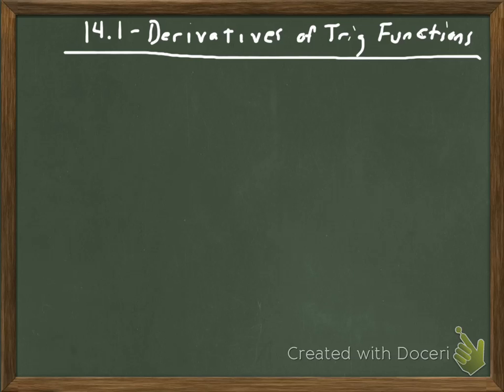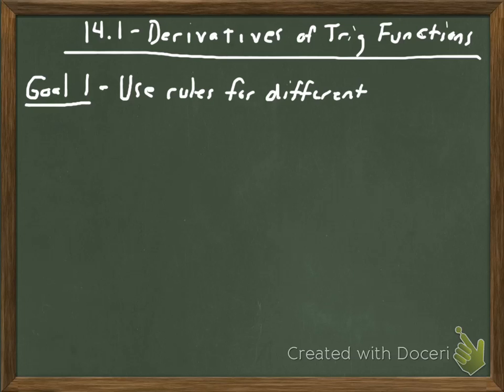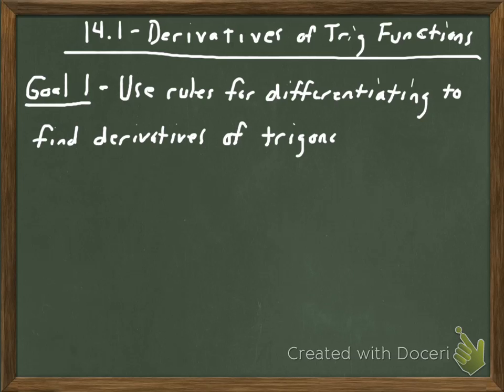What we're going to be doing in this section is starting off by finding derivatives of trig functions. In particular, our first goal is going to be to use rules for differentiation in order to find derivatives of trigonometric functions.